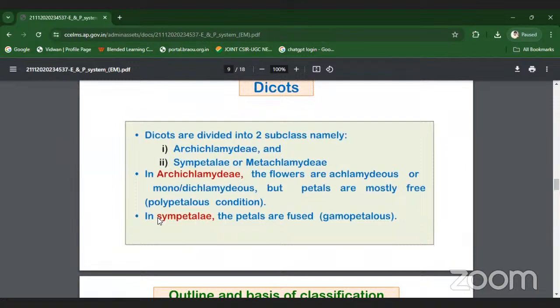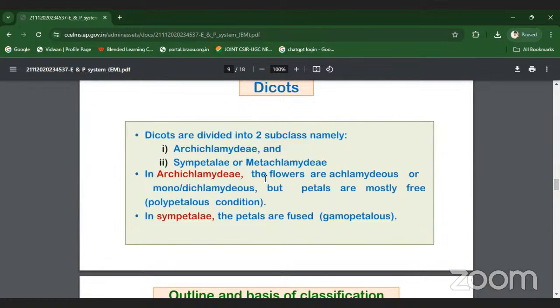Then the dicots. Dicots are divided into two subclasses, as I already told you: Archichlamydeae and Sympetalae. In Archichlamydeae, the flowers are achlamydeous or dichlamydeous, but petals are mostly free, the polypetalous condition.